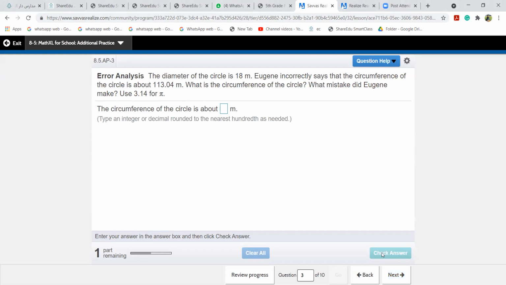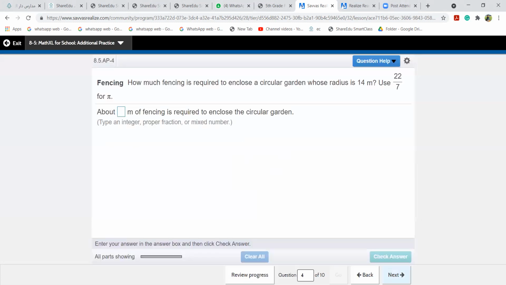Yes. Error analysis I will not do. How much fencing is required to enclose a garden whose radius is 14 meters? Okay, we don't have to use 3.14, we have to use 22 over 7. Let us first draw the circle here.